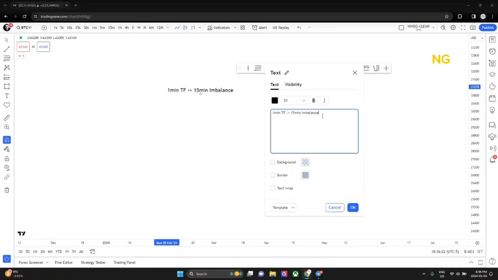And the same goes for if you're trading with a 5-minute time frame, you need a 1 hour imbalance.